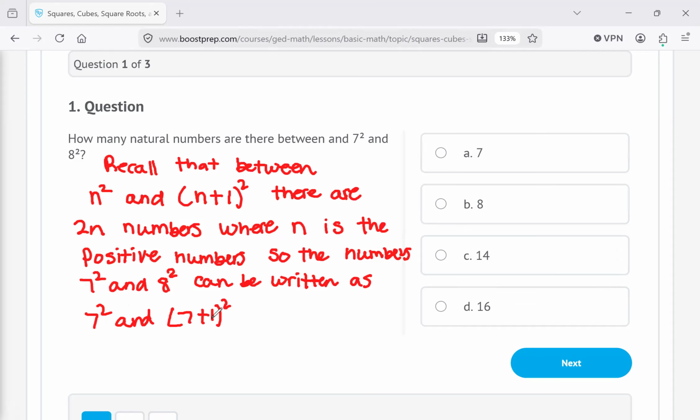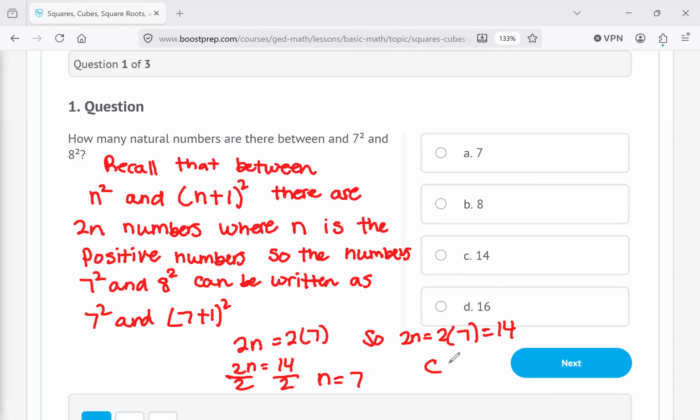We're going to set it up like this. 2n equals 2 times 7, which is 14.